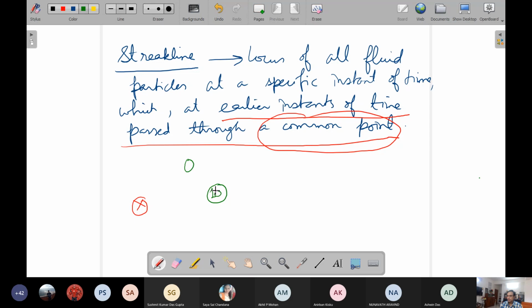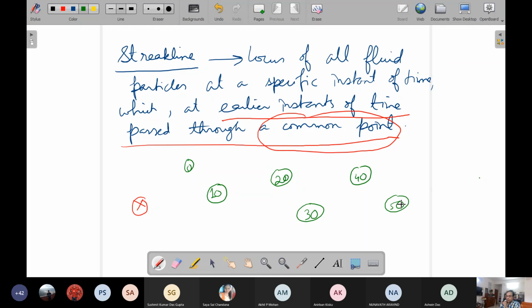Whatever passed through this red location at time equal to 20 minutes, say, is now here. Whatever passed through this at 30 minutes is now here. Similarly, say this is 40 minutes. This is 50 minutes. What about 60 minutes?